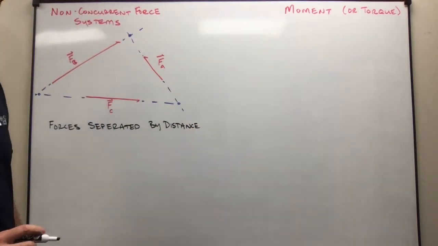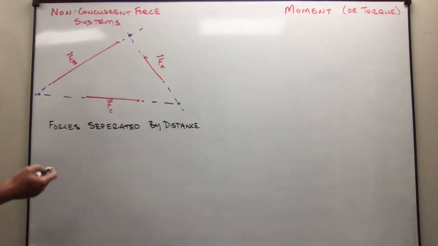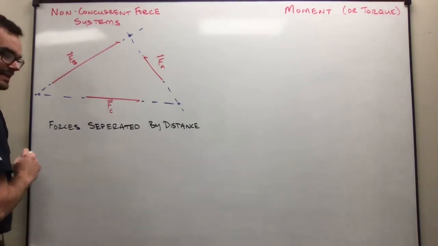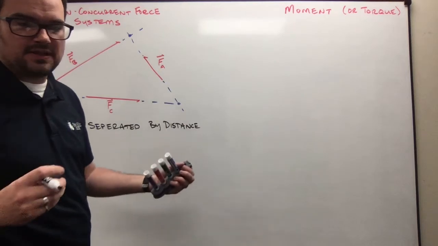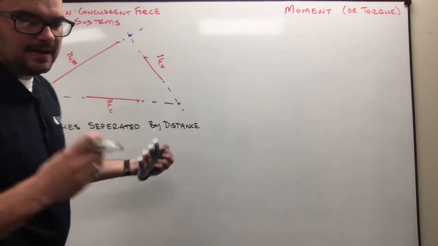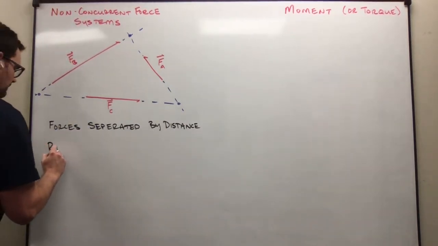And this distance means that we can now start talking about rigid bodies, because rigid bodies have length, and if we can separate the forces, putting them in different places, we can have rigid bodies, which we will recall.